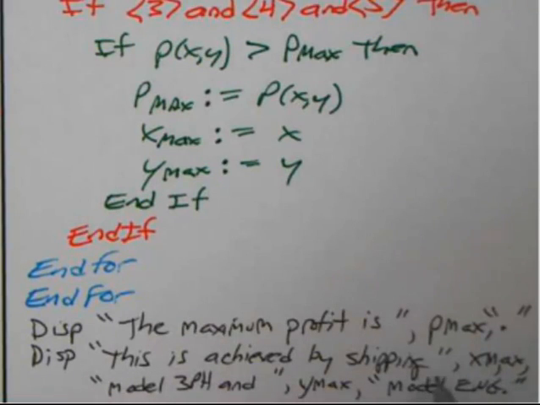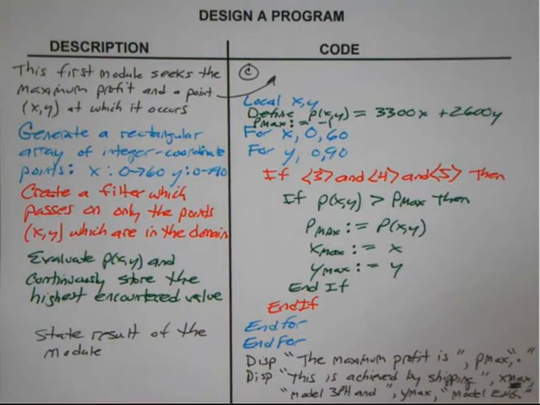This is achieved by shipping the x max variable, records there, another comma, more text, quotations, model 3ph and quotations, and another variable, the y max appears there, and then model ENG. Okay, so we seem to have things designed on paper.